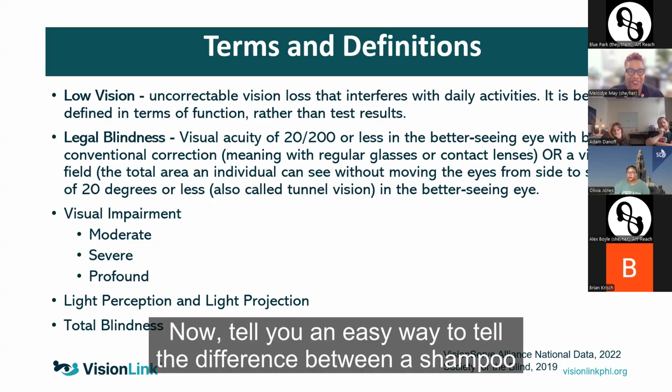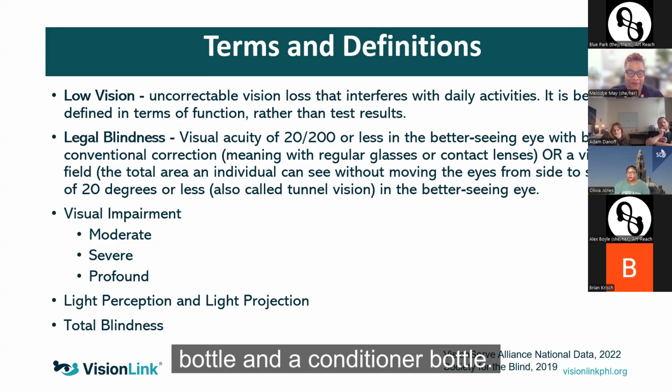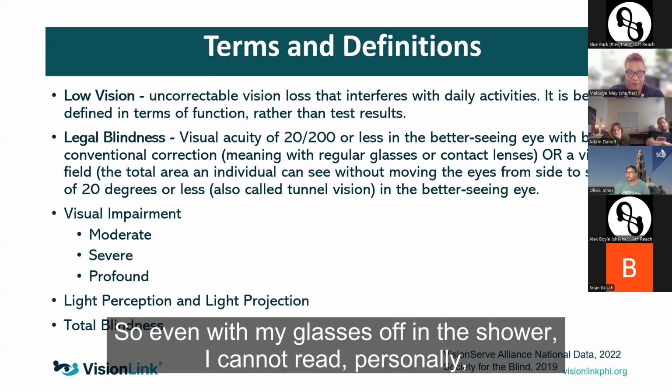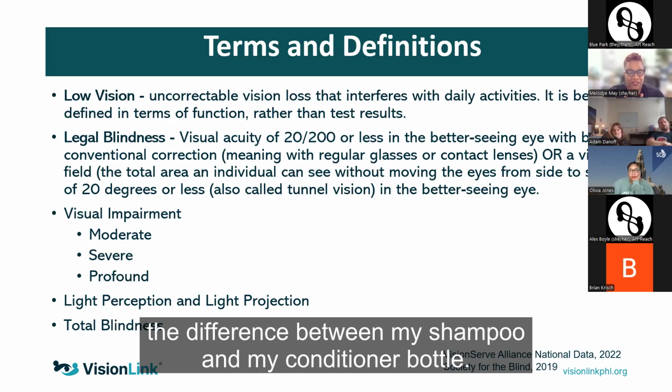Now, I'll tell you an easy way to tell the difference between a shampoo bottle and a conditioner bottle. If you have a rubber band, wrap it around one bottle. Even with my glasses off in the shower, I cannot read the difference between my shampoo and my conditioner bottle.